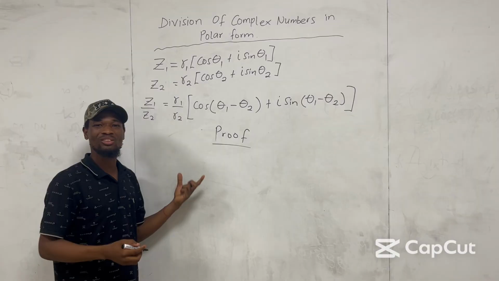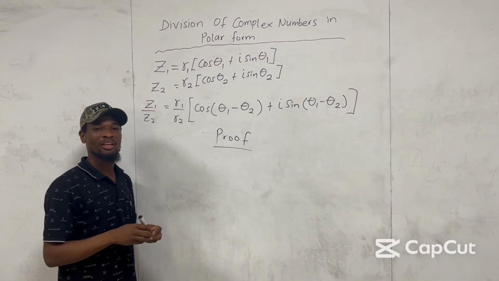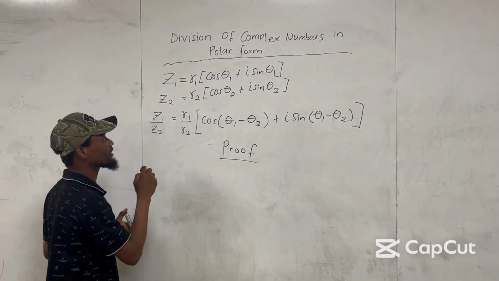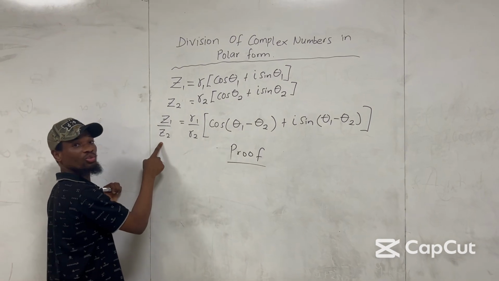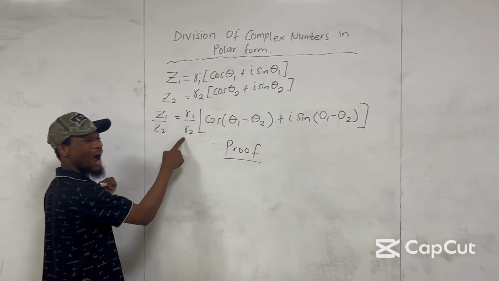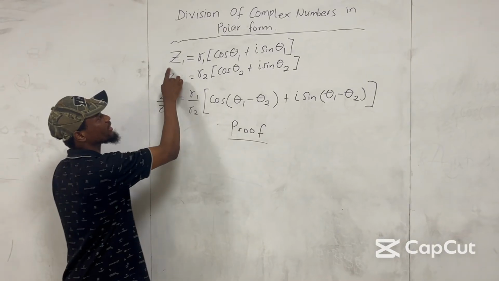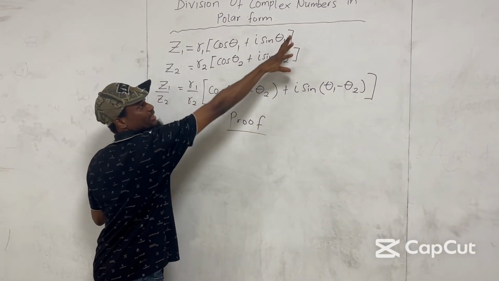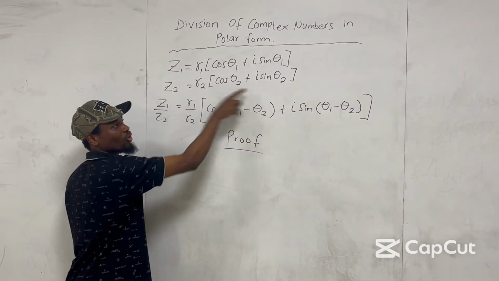Why are we saying this? So if that is the case, let's see. We have z1 over z2, which is equal to r1 over r2. So I will divide z1, which is equal to this, over z2, which is equal to that.